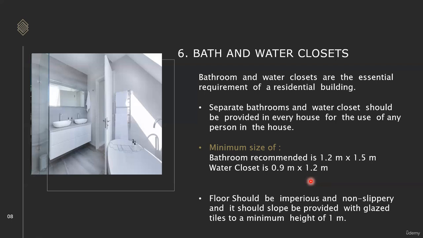Sometimes the WC and the bathroom will be separate. In some cases, the water closet and the bathroom are both in a single bathroom. In that case, the basin, commode and shower points will be in the single bathroom only.